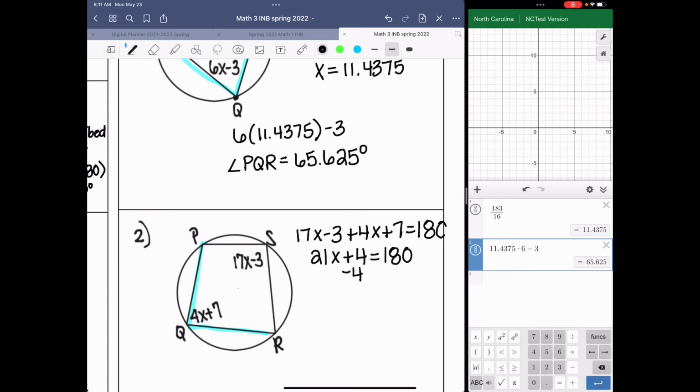We're going to subtract 4, and we get 21x is equal to 176. So if I set this up and I divide, 176 divided by 21, I get x is approximately 8.38.